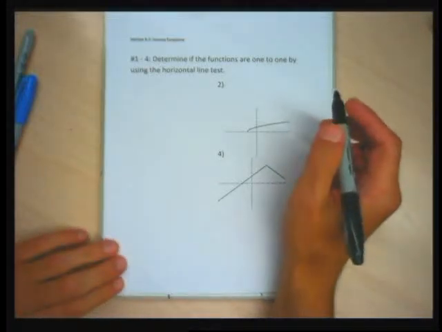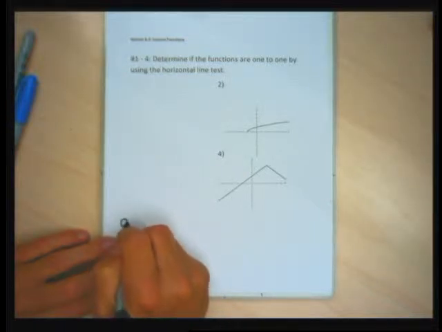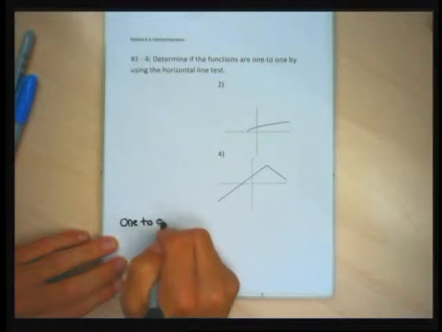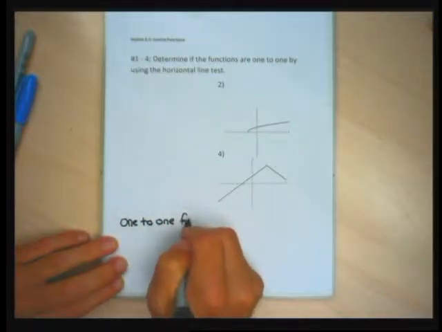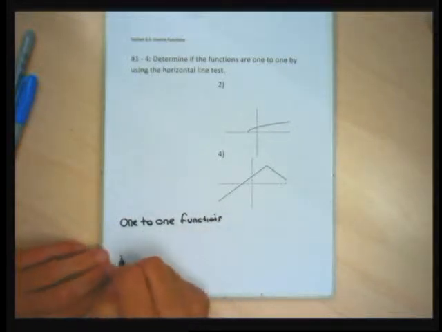And then once we have functions, we have two styles of functions. We have one-to-one functions and then not one-to-one functions, which is maybe not the best name, but it's what I call them.